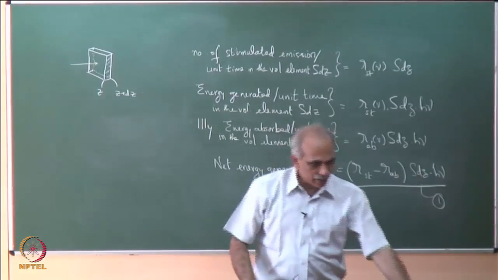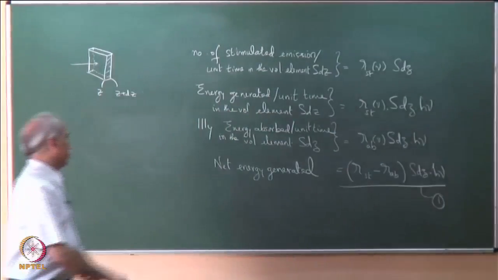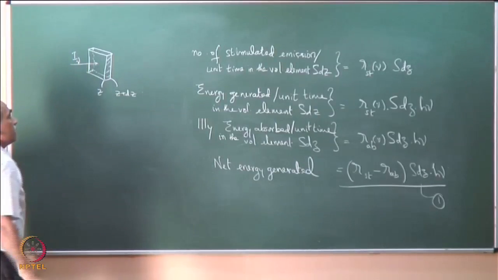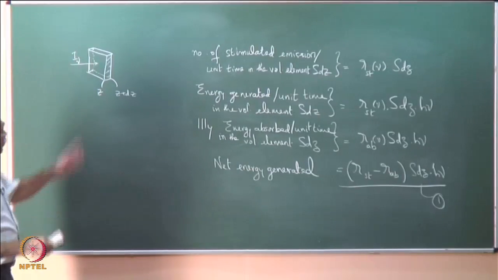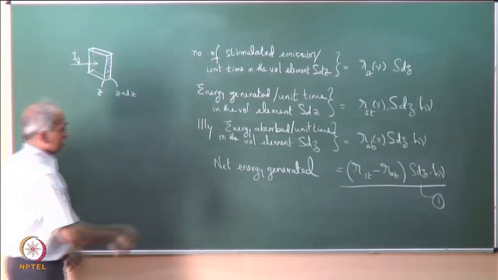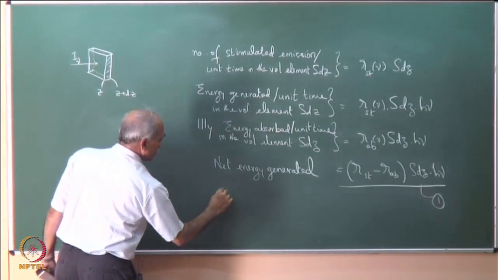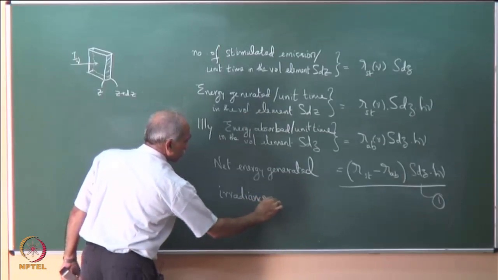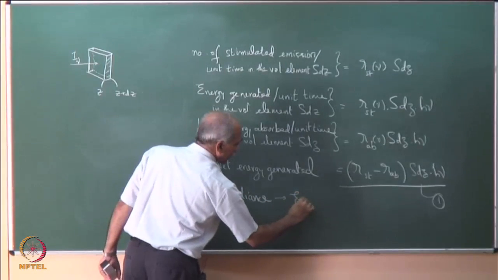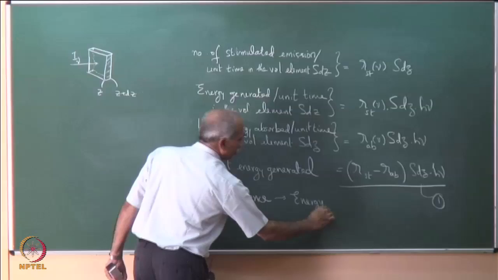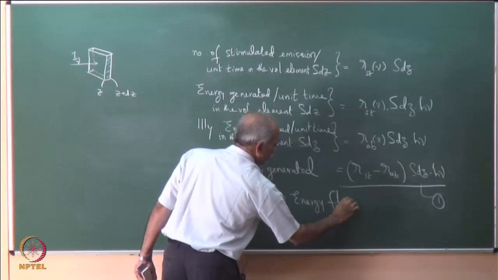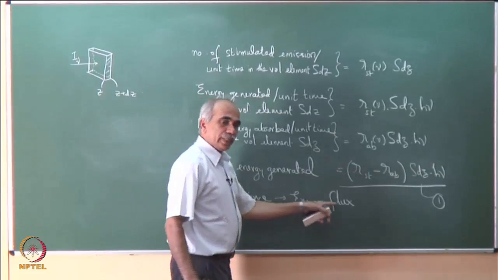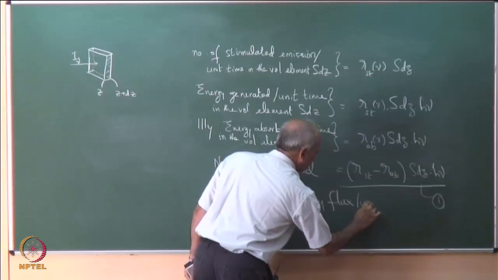I want to relate this energy generated to the intensity. So, I nu is the intensity or irradiance. Irradiance is energy flux, which means energy per unit area per unit time.